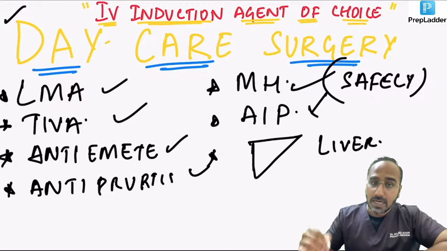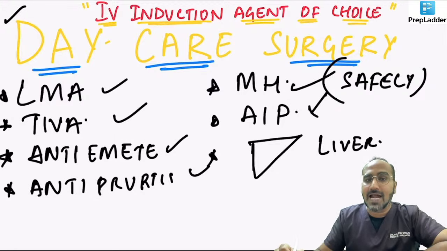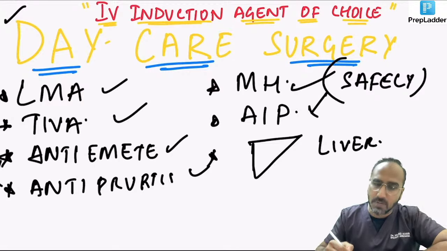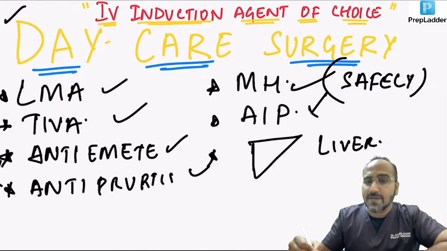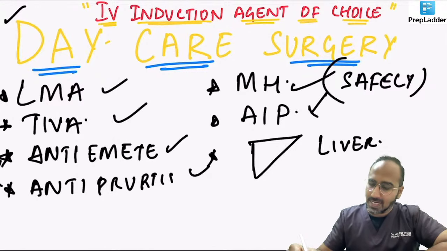Okay? Remember, for a daycare surgery patient, you need to give a drug that has antiemetic as well as antipruritic property. That is propofol. In daycare surgery, you need to give a drug that could be safely given, or that has no contraindications like malignant hyperthermia or acute intermittent porphyria or liver disease.